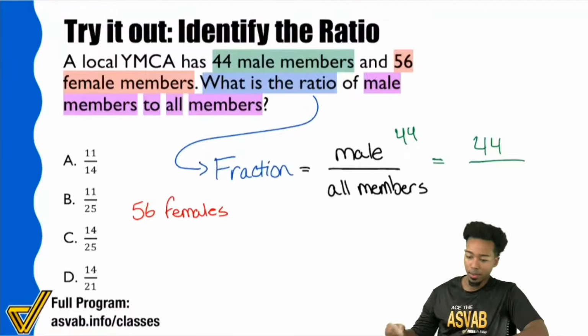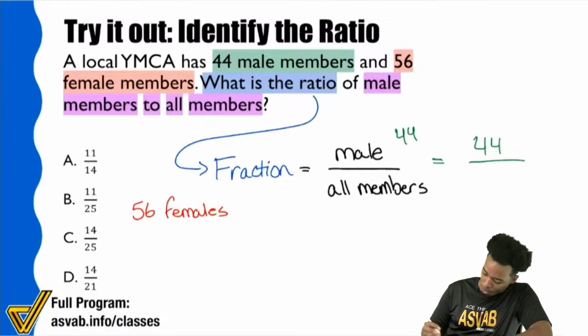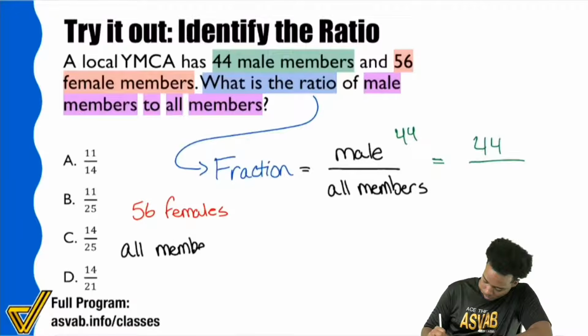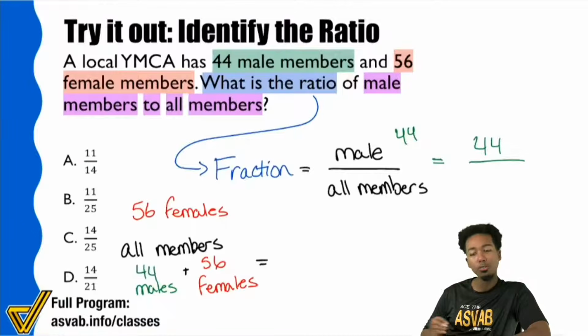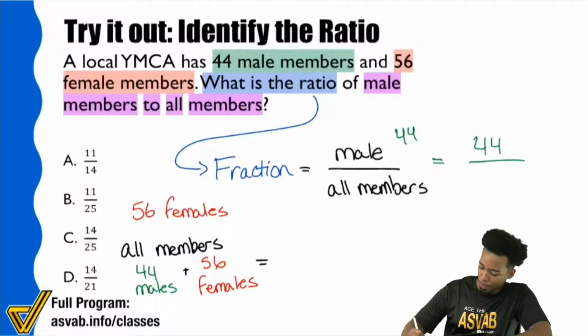And so with that, cool. If we want to get all members, for me, that would say, hey, 44 males, and we add that with the 56 females, that would give us all members. And everybody, what's 44 plus 56?